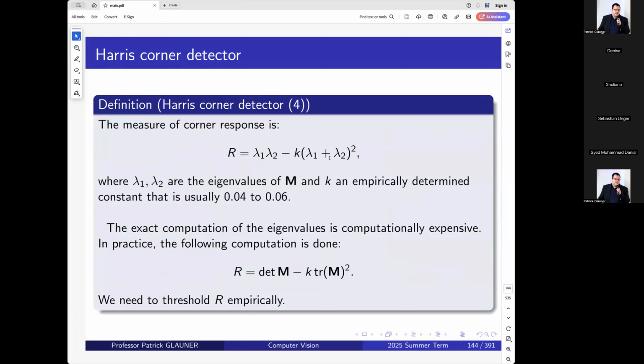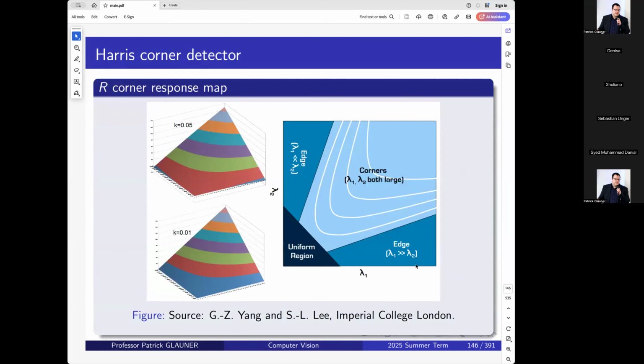However, calculating the corner response that way is computationally heavy, and that's why there's often an alternative which gives us an approximate result. And for this, we don't need to calculate the eigenvalues.